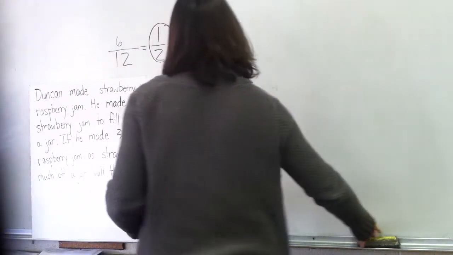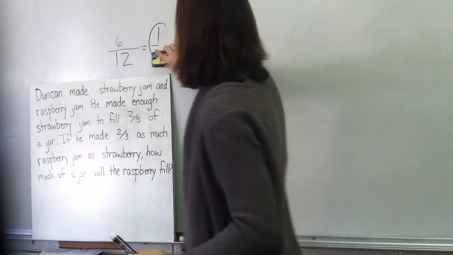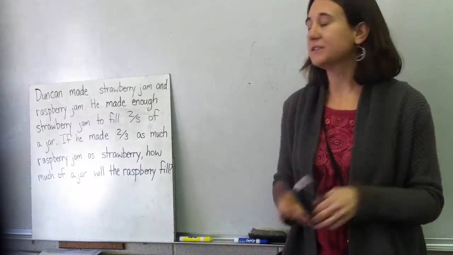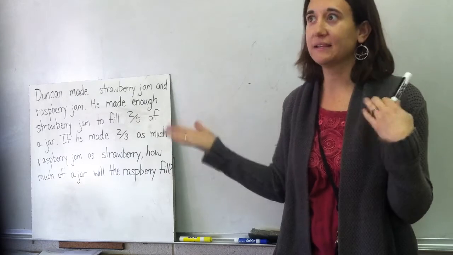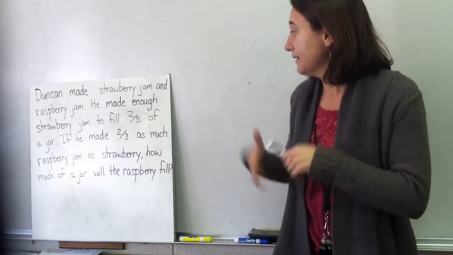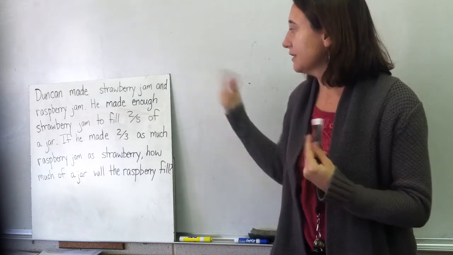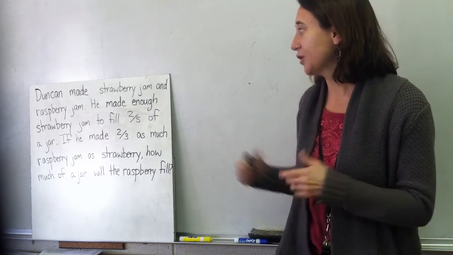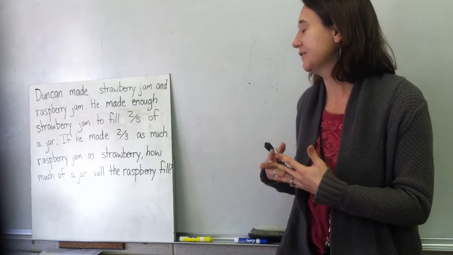Sometimes you have problems where it's a comparison problem, and it's saying this made this many more than this, or this much as this. So this one: Duncan made strawberry jam and raspberry jam. He made enough strawberry jam to fill 2/5 of a jar.